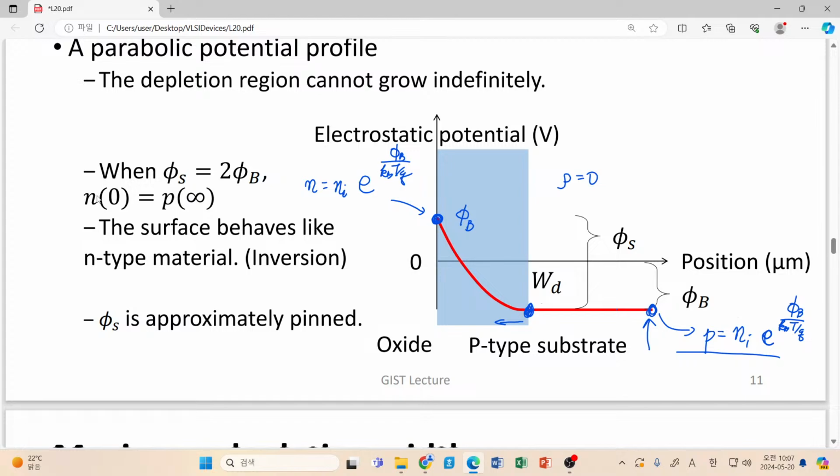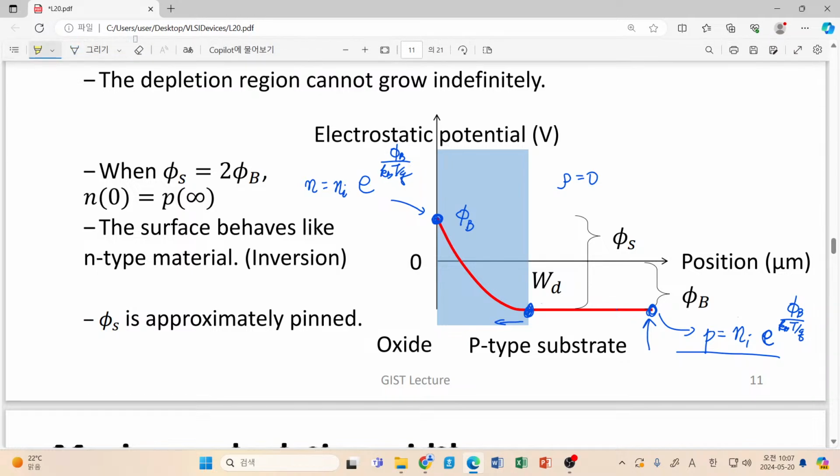So yes, this is the case. Are you with me? Then the important point is that this value and this value happen to be the same.